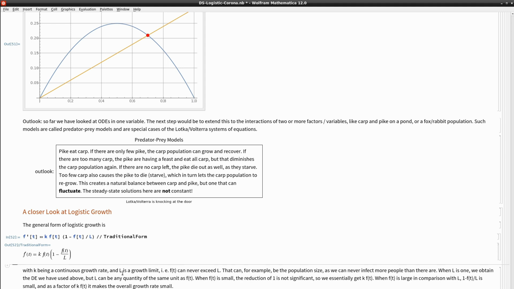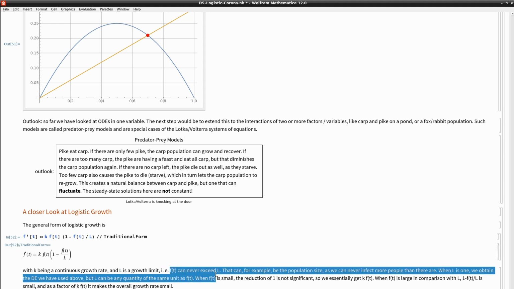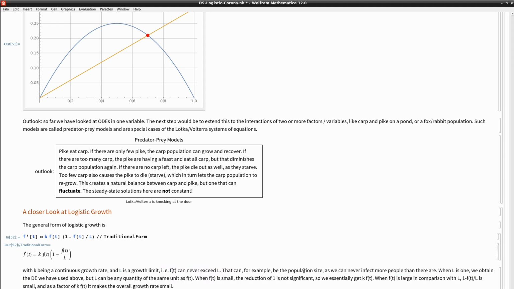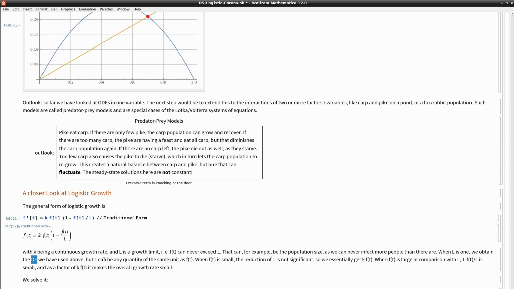So L is effectively a growth limit. f of t can never exceed it, right? It can be a population size because we can never infect more people than there are. And when it's 1, then we obtain the differential equation that we have above. But L can be any quantity of the same unit as f. They have to be of the same unit because we are dividing them.